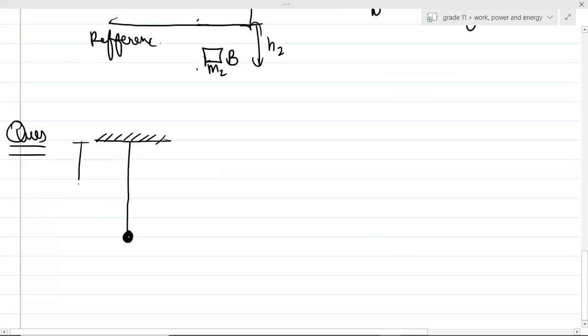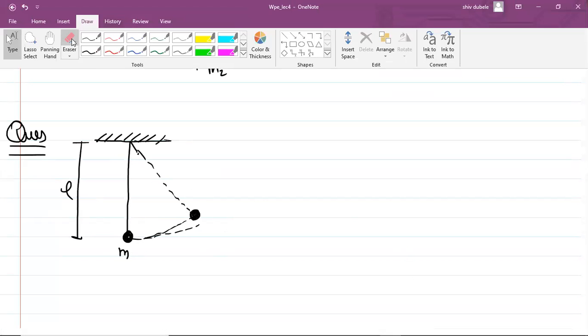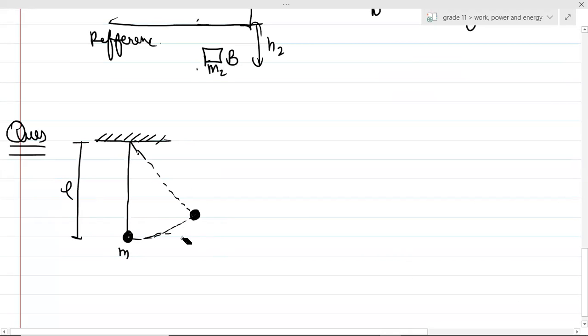The length of the pendulum is L. The mass of this bob is M. If I move this pendulum bob to an angle theta, then tell me what is the change in the potential energy?